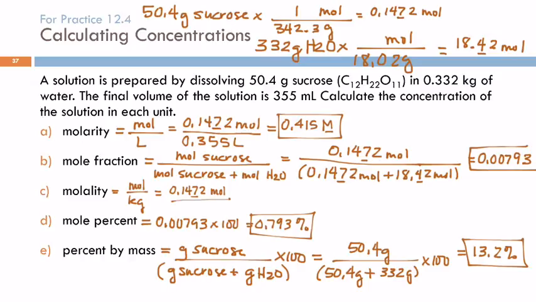That's the solute. And the kilograms of the solvent, the kilograms of water, they actually just flat out gave that to us, 0.332 kilograms. 0.1472 divided by 0.332, molality is 0.443.